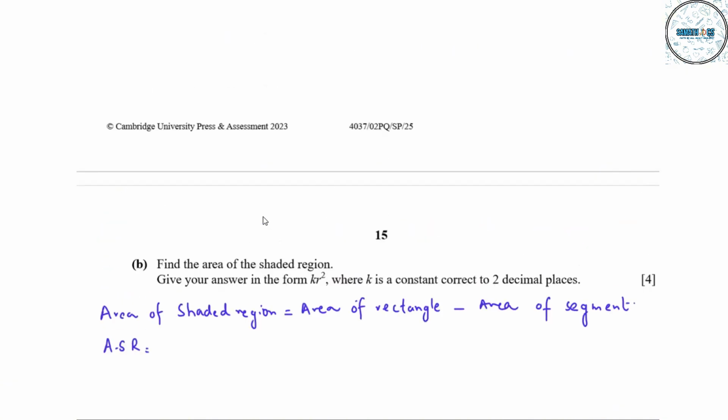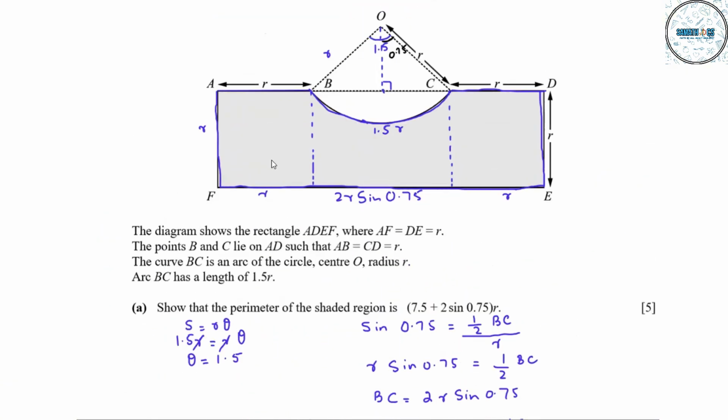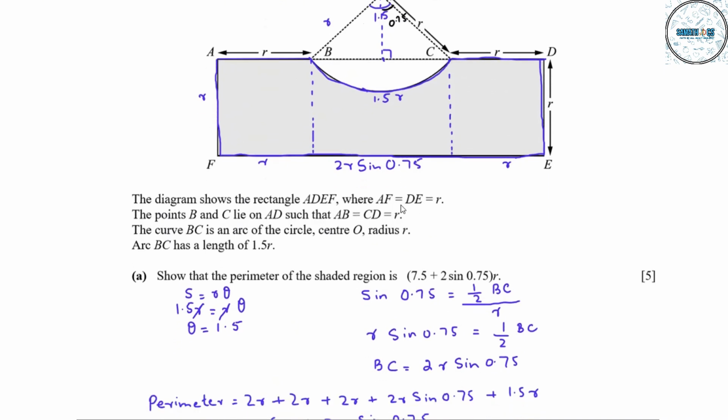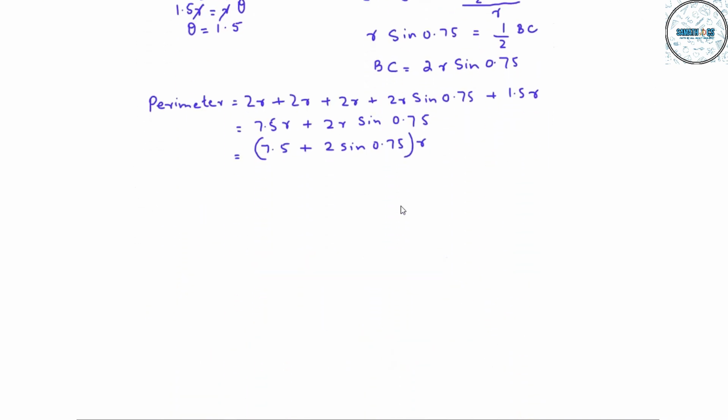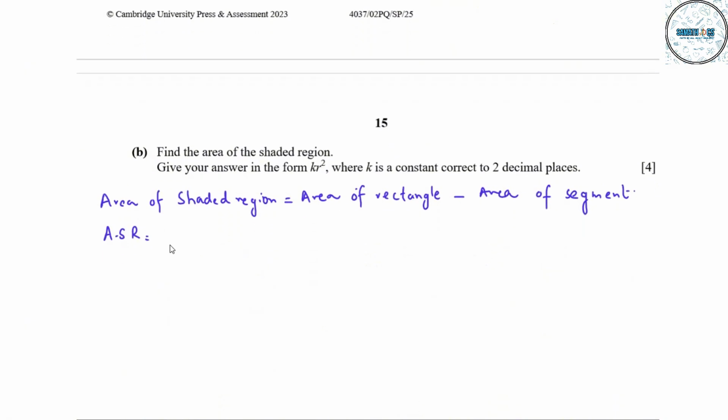Area of rectangle is radius multiplied by 2r plus 2r sine 0.75.